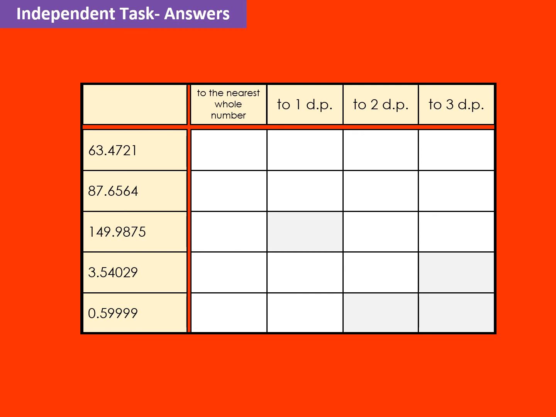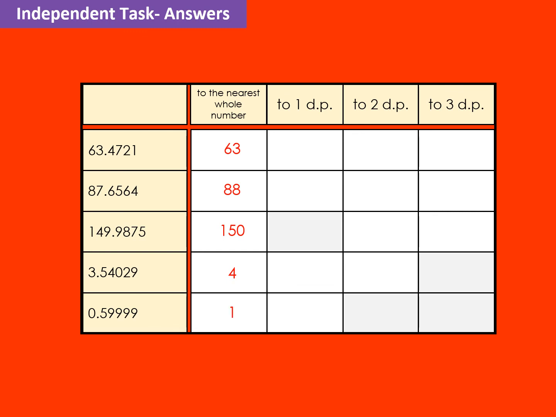I'm just going to flick through the answers now. So, first column to nearest whole number, we've got 63, 88, 150, 4, and 1.